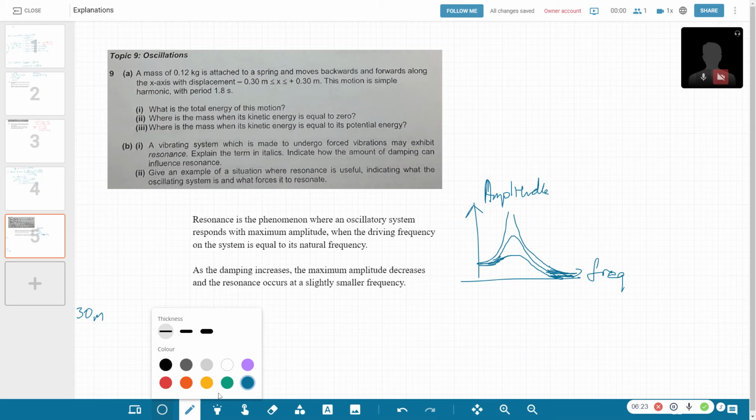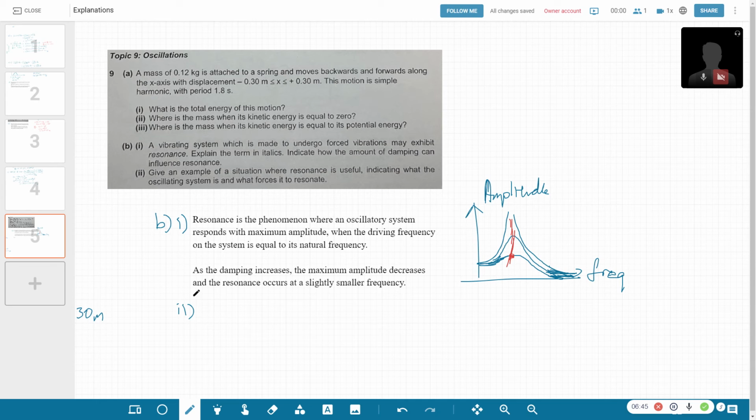We draw with a tendency towards the left, you can recall. So the maximum amplitude now occurs at a slightly smaller frequency because of that. It's towards the left, and it's also lower, because damping causes energy to be lost. So this is for B, part one.